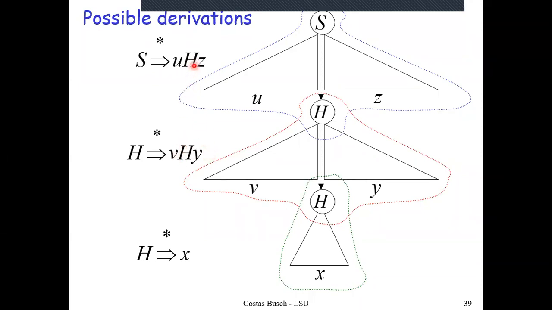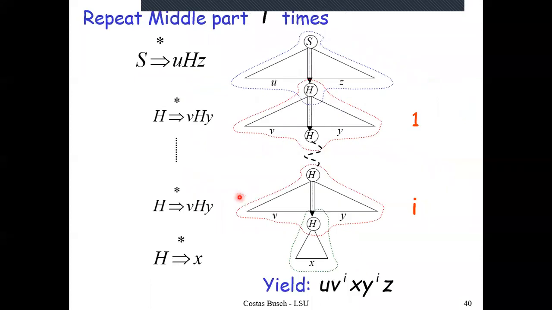And if I repeat it the third time, I would have three copies of V's and Y's. And finally, I have to terminate my derivation. So I would be replacing H by X somewhere whenever I desire to end the derivation. So that would mean I am able to create a new string of longer length with UV^iXY^iZ.